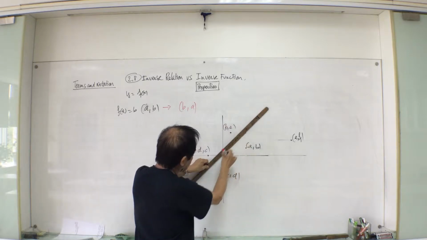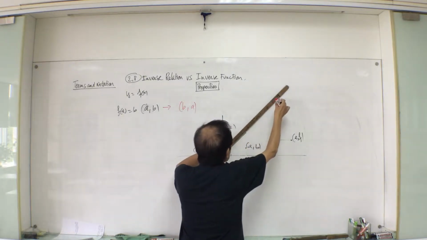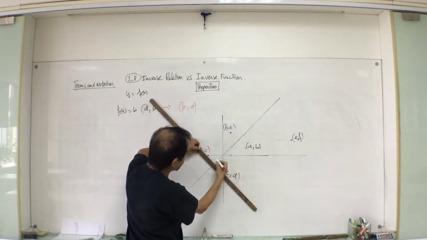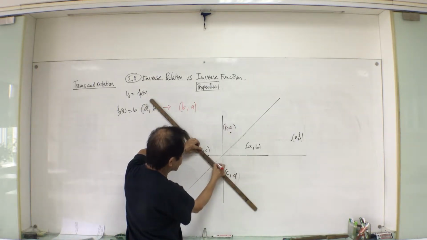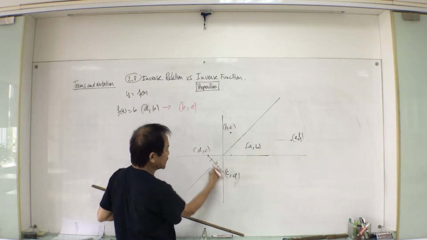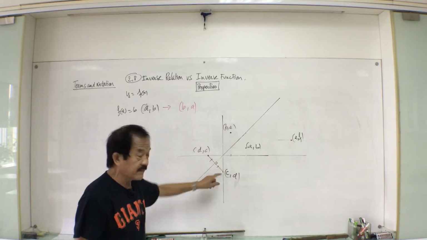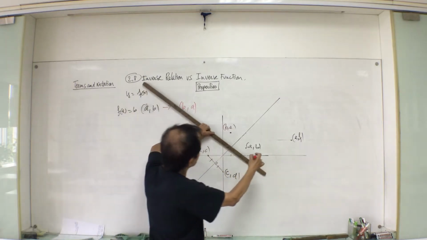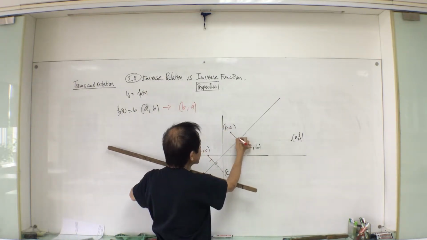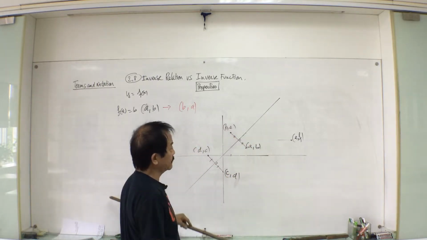So they reflect this way. If you connect the two points, they make a triangle, and this distance equals this distance. So this point here is the inverse of the other. Also if you connect from here to here, it is perpendicular and the same distance.